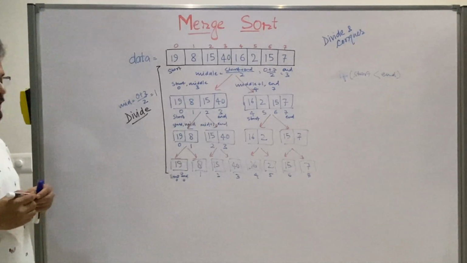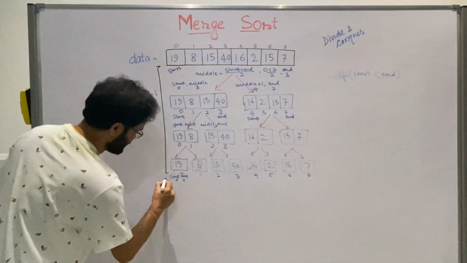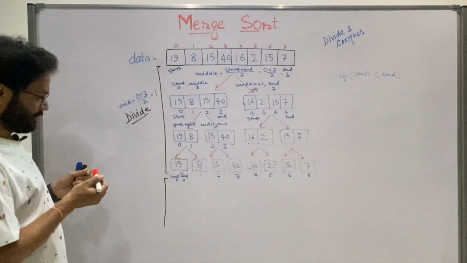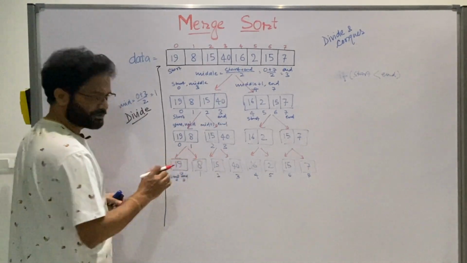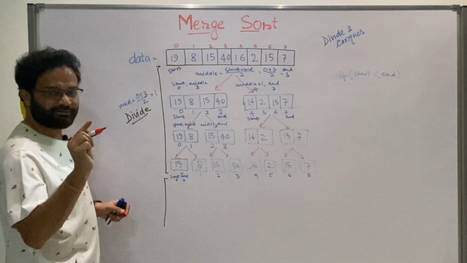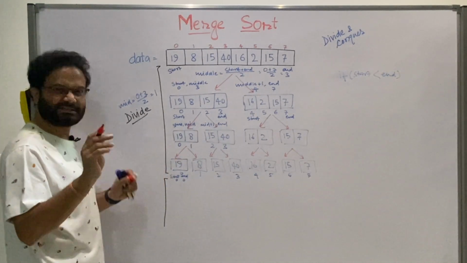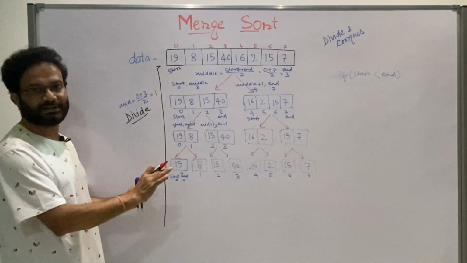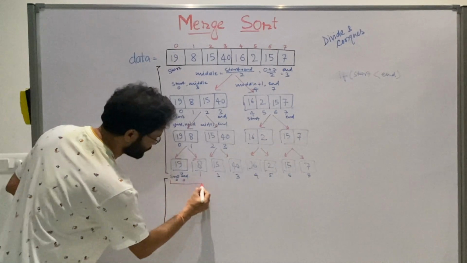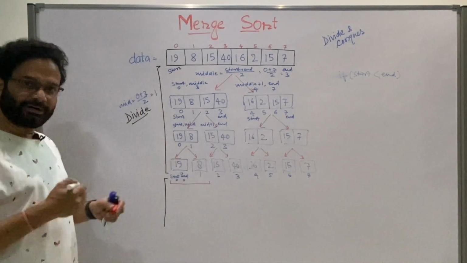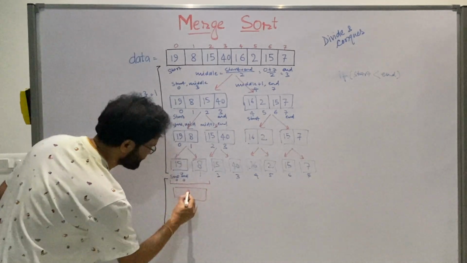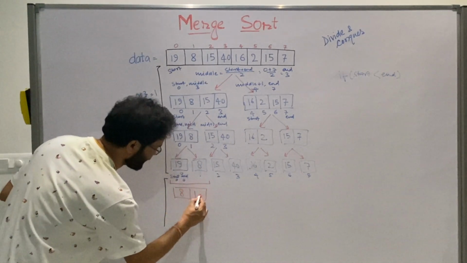Now you have to start the merging. Merging has one trick here. Because an individual element is sorted. If there is one element in an array, it is sorted. So 19 is sorted in its individual array. But while merging these two, you have to sort them. So this becomes 8 and 19.